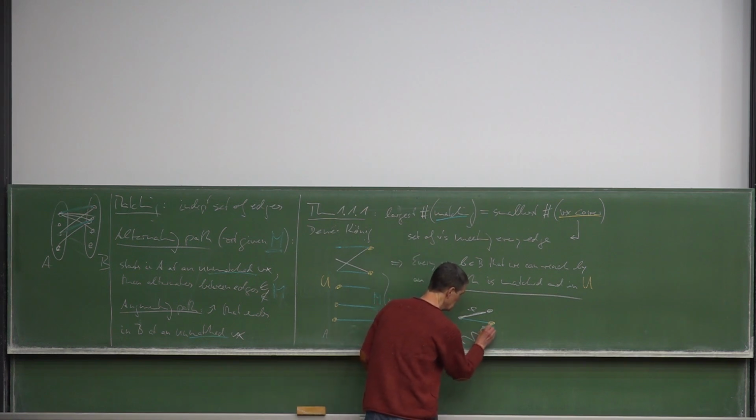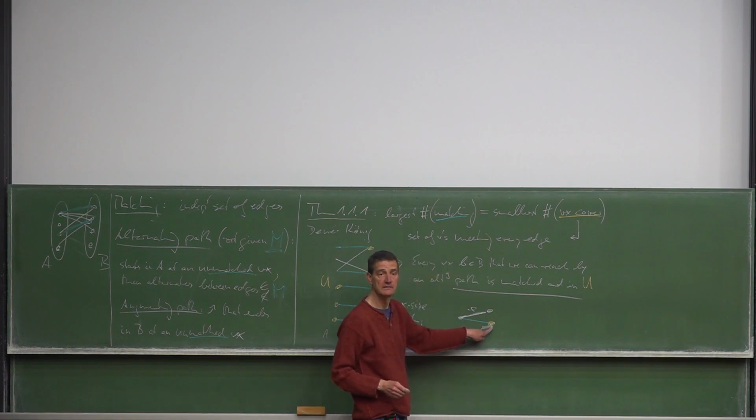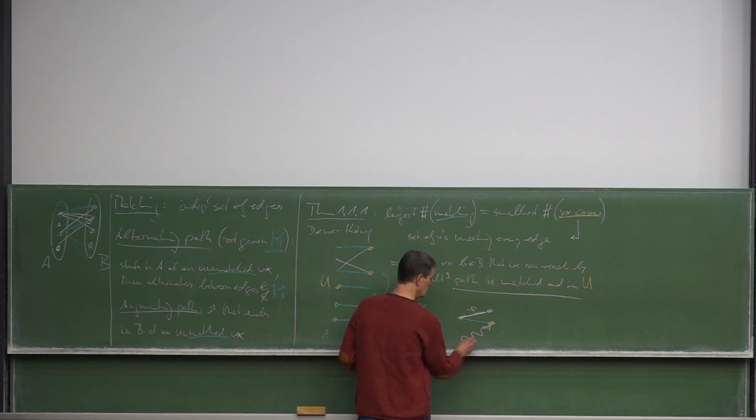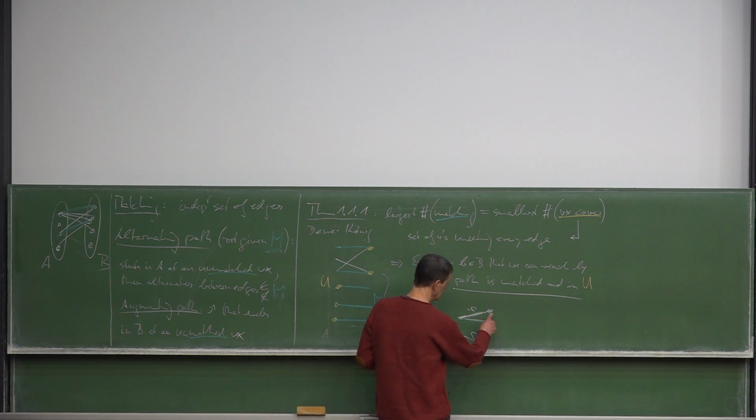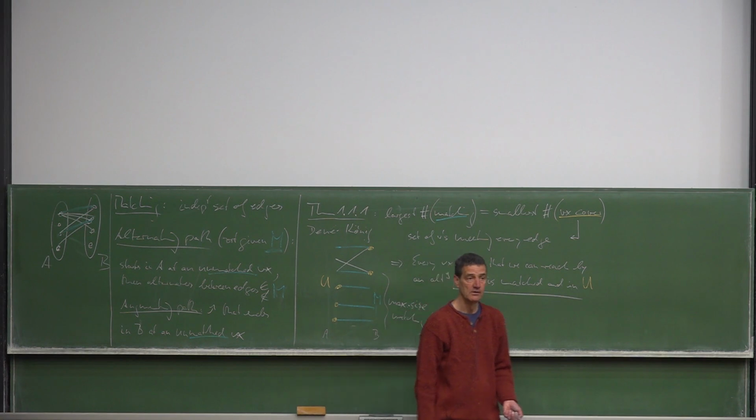Because some alternating path ended there. But then this followed by that is also an alternating path. Now, if this vertex is unmatched, that's an augmenting path, so that can't exist. So this has to be matched. And then same argument as earlier, an alternating path ends there, it is matched, therefore it was put in U. End of proof.